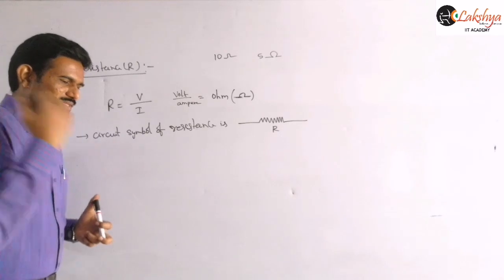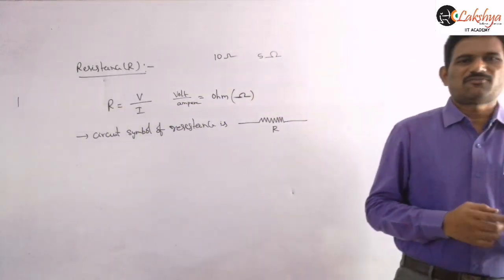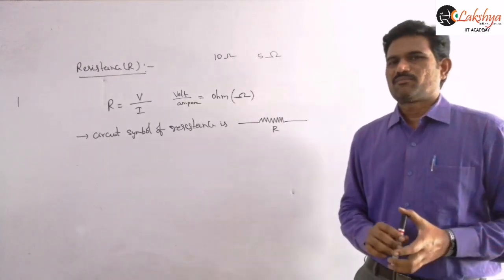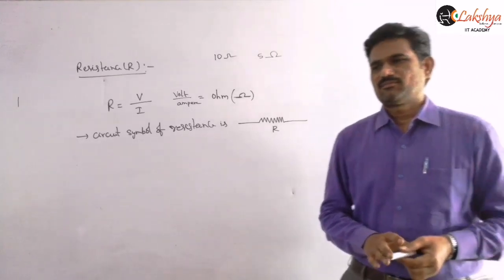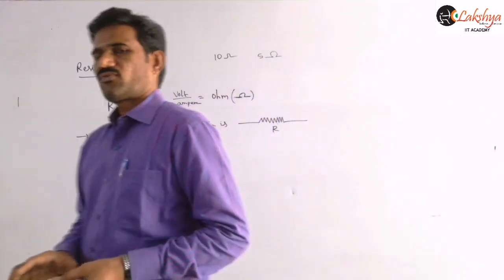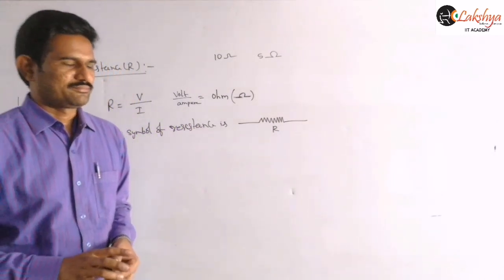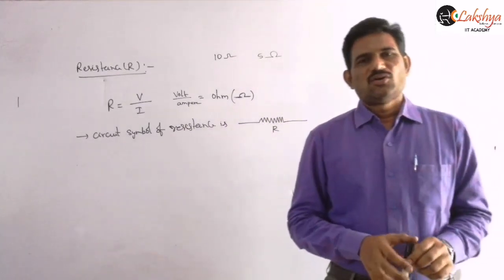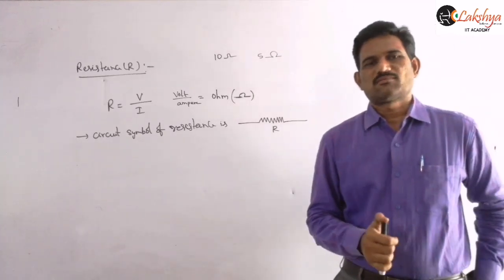In case of conductors, its effect will be different, and in case of semiconductors, the role of those impurities will be different. So just mention a point there. In case of conductors, resistance increases with increase in impurities.